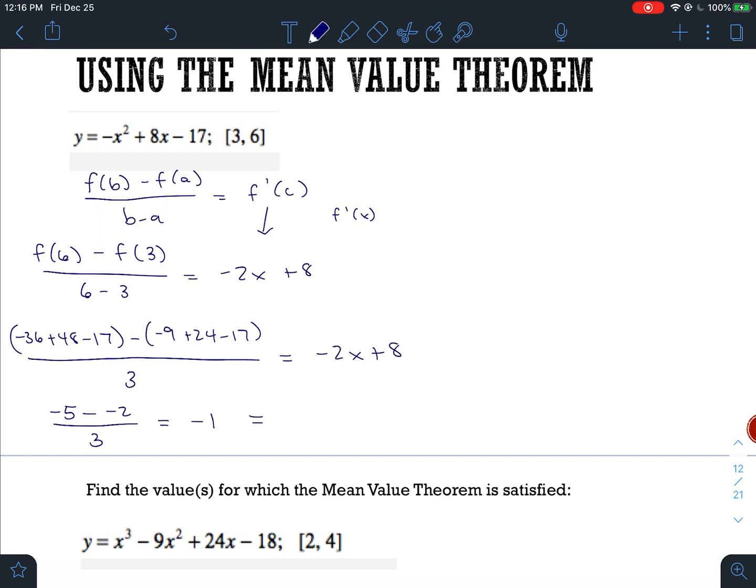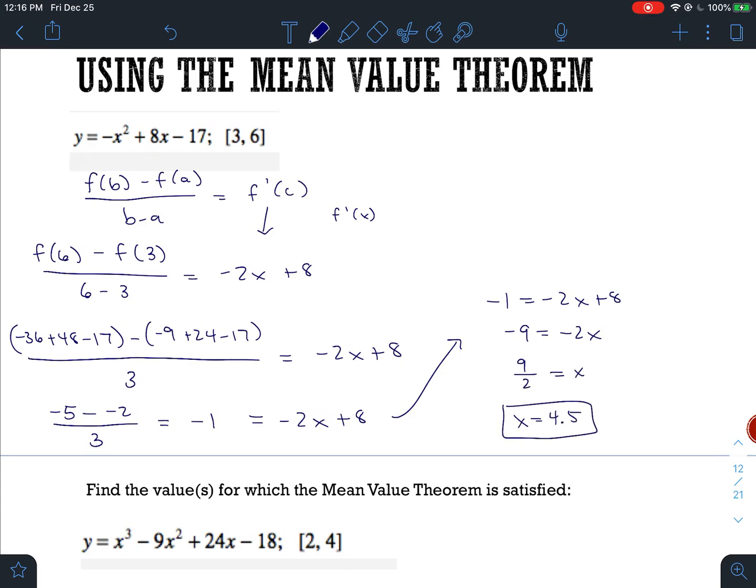So we want to show that negative 1 is going to be equal to the derivative, which is negative 2x plus 8. And so if I solve this, negative 1 equals negative 2x plus 8. So subtract the 8, and we get negative 9 equals 2x, and then divide by negative 2, and I get 9 over 2 equals x, or x is going to equal 4.5.